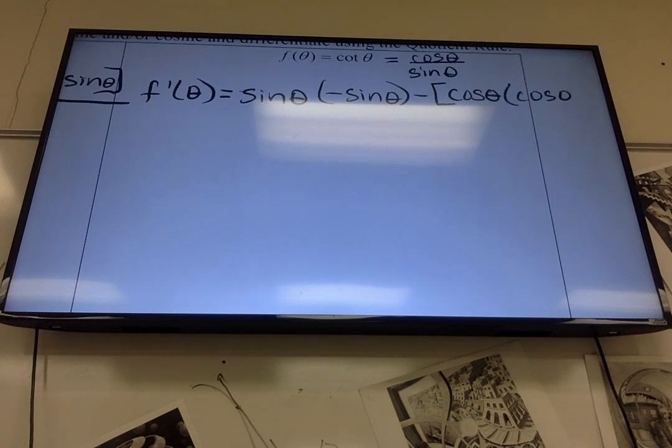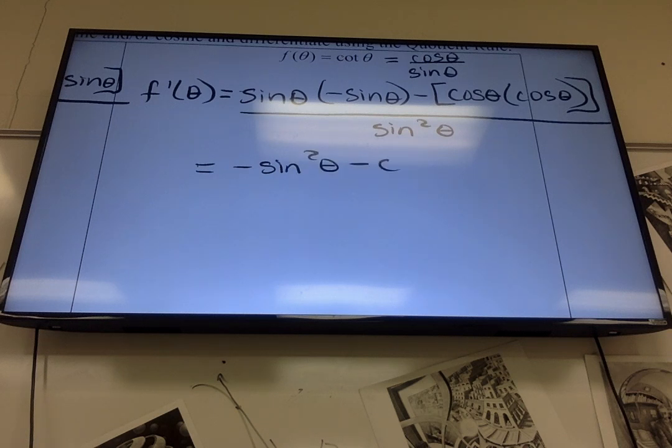Cosine. Square the bottom and away we go. So it's negative sine squared theta minus cosine squared theta.